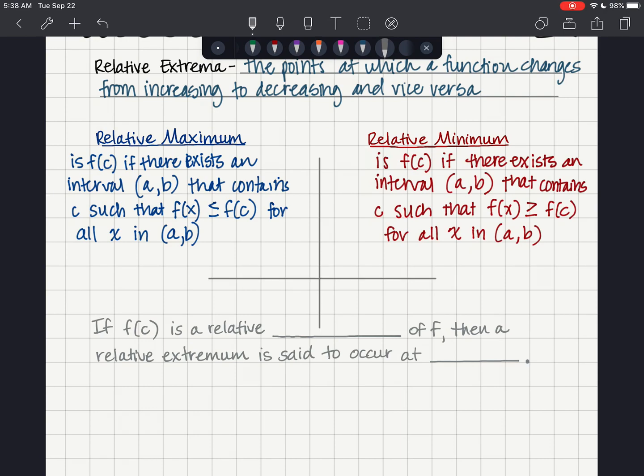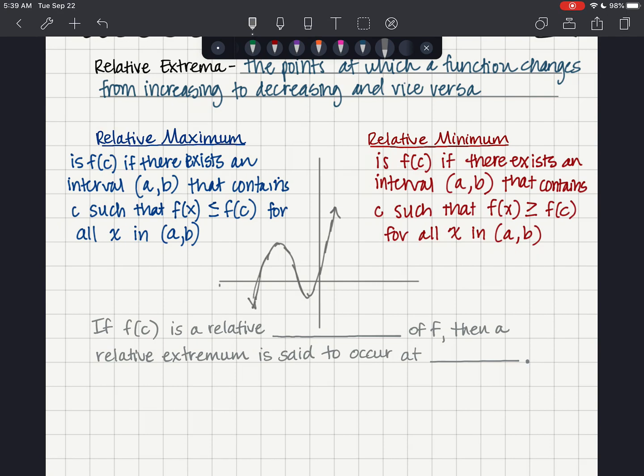Okay, so there's our graph, and we'll just do something like this. I don't like that the maximum looks like it's on the y-axis, so I'm just going to shift it a little bit. There.